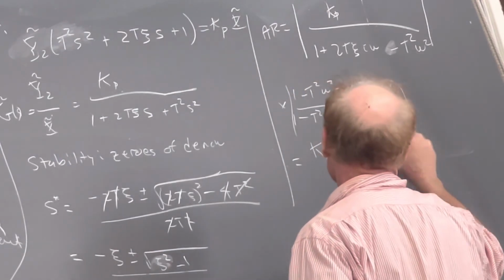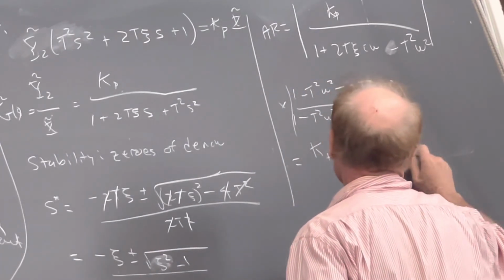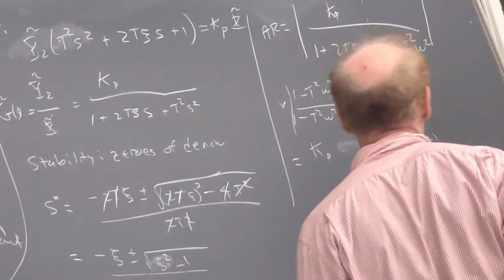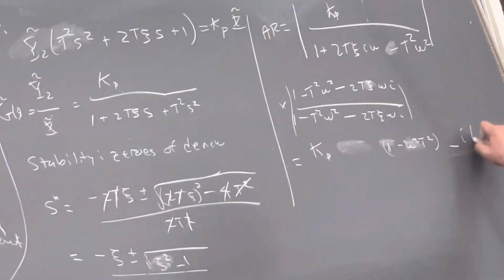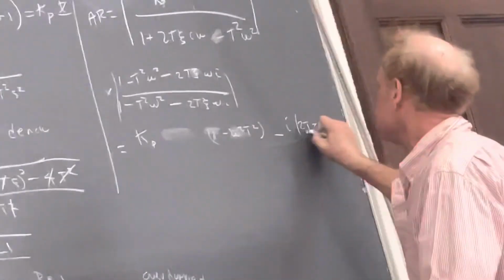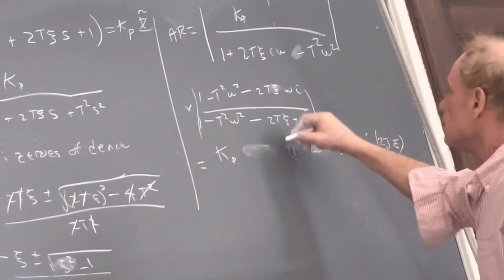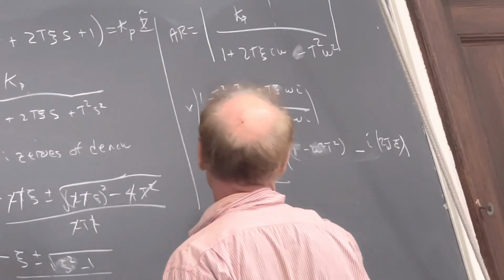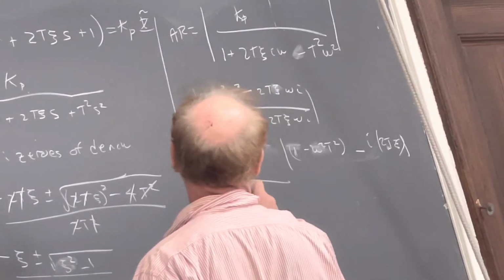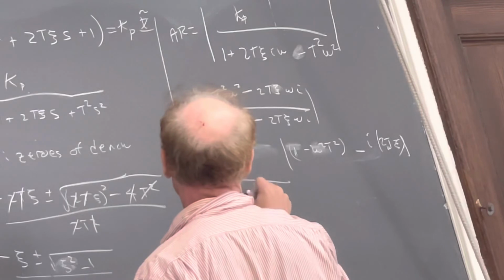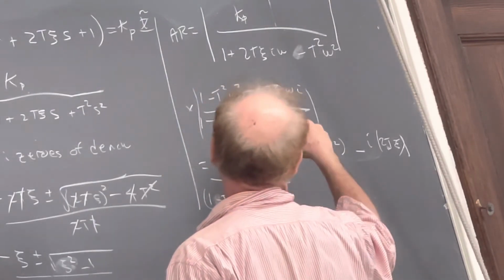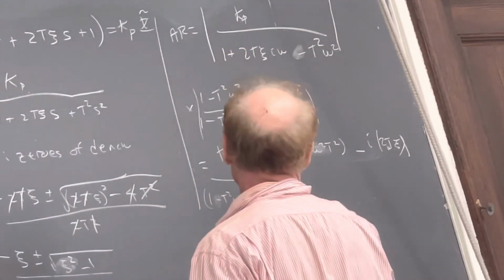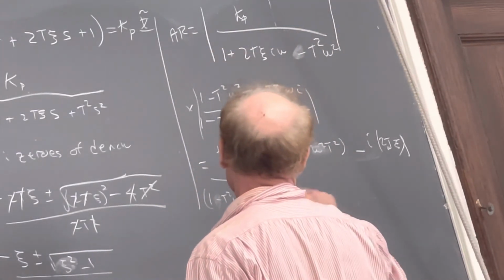So here I have 1 minus t squared omega squared minus I times 2 omega t c. And in the denominator, I get 1 minus t squared omega squared, squared, plus 2tc omega squared.